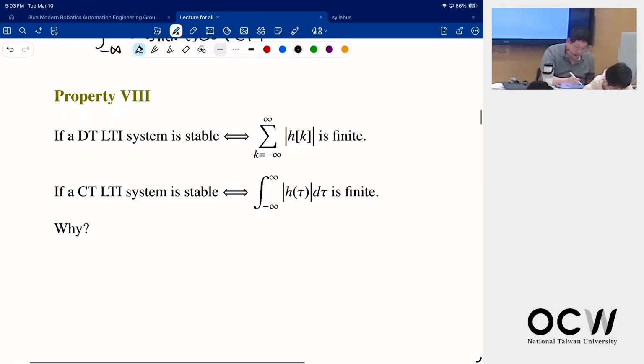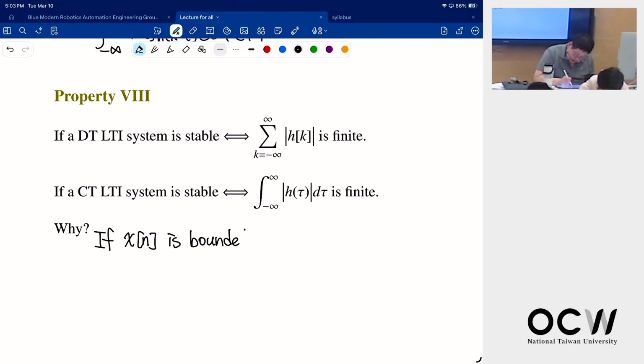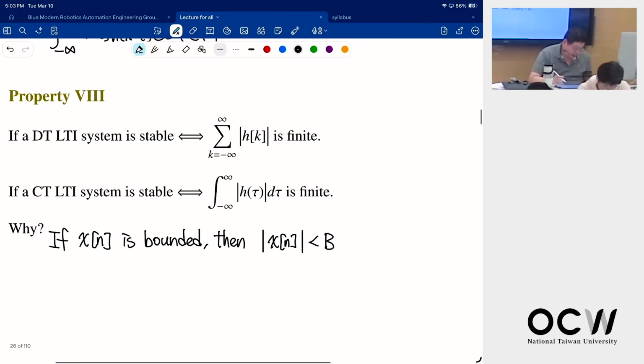If I have the x[n] for discrete time, this is bounded. So finite also means bounded. Then the magnitude. Suppose since it is bounded, the magnitude is less than B for all n.